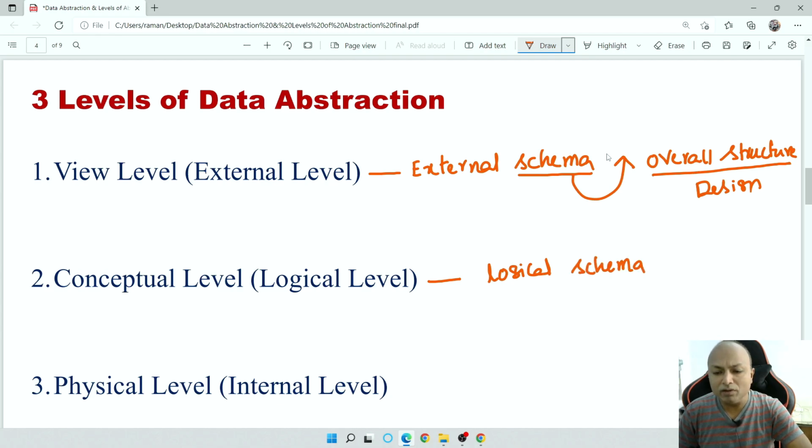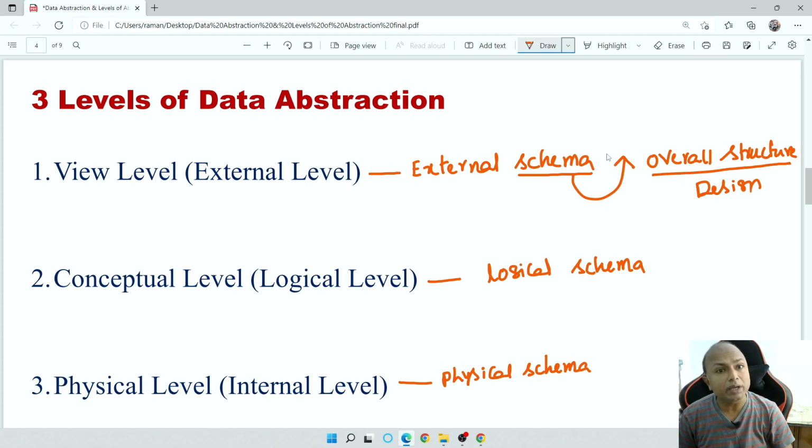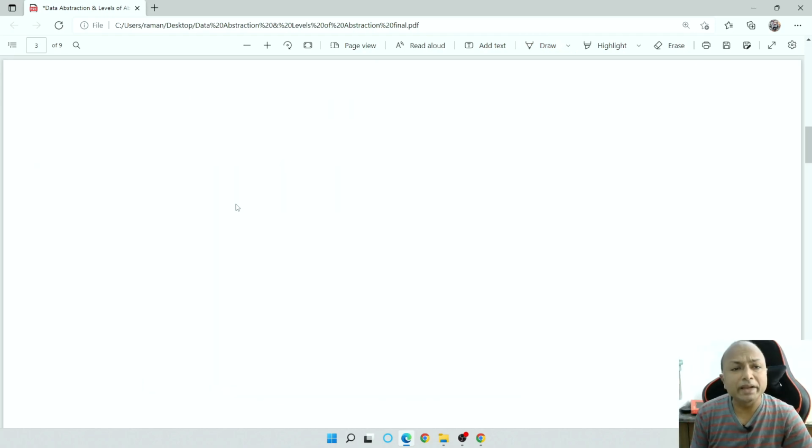Coming to the lowest level of abstraction, the schema at this level is called physical schema. That's why this is called three levels of abstraction, or three levels of architecture, or three levels of schema. All are the same. We know that data abstraction we are using in DBMS.